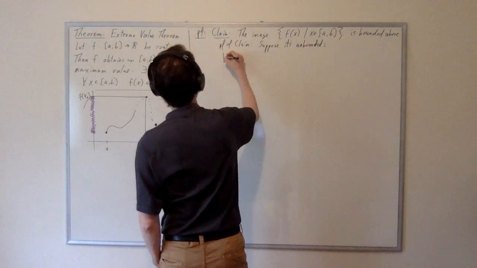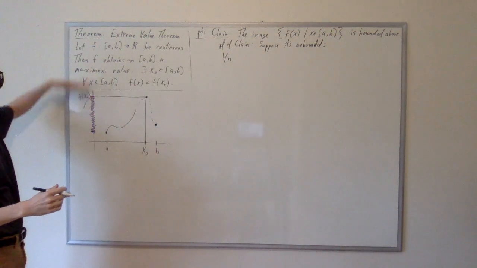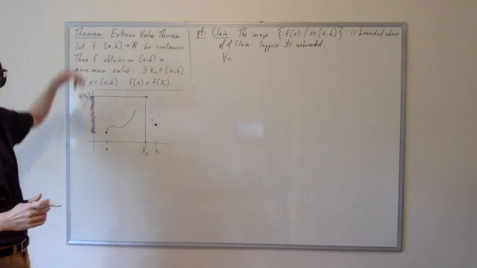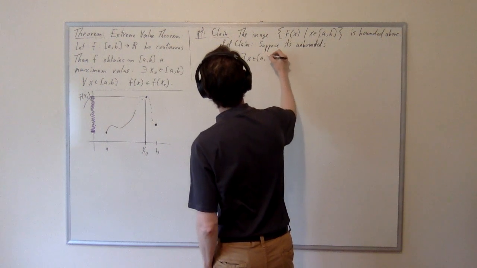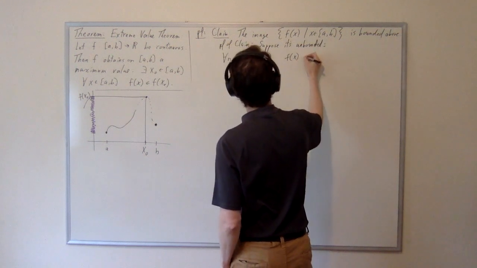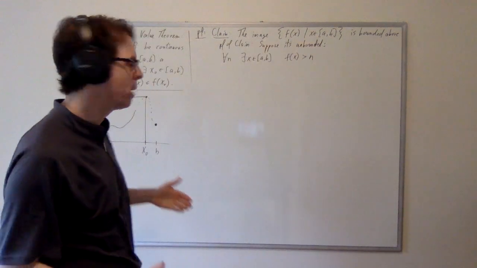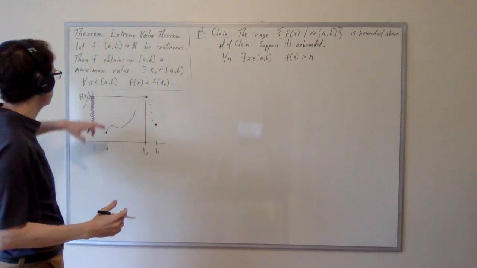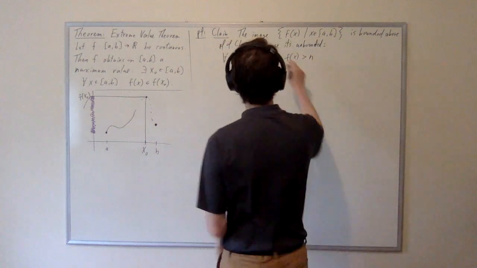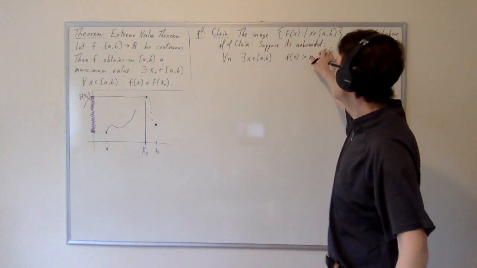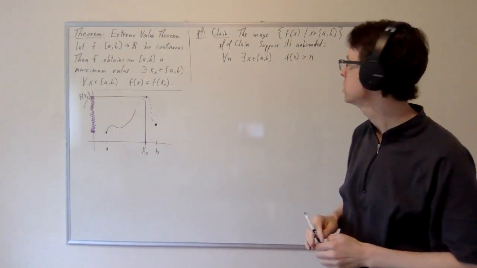For any n, and I want you to think of that as an integer value along the y-axis, but higher and higher, there exists an x in the domain of this function so that f of x actually exceeds n. That's a way of expressing that this thing is unbounded. If it's unbounded, then any integer you pick, you can get even higher than that. So this is what it means for it to be unbounded. We're supposing this for contradiction because I want to show that it's bounded. So I'm going to try to get a contradiction out of this.